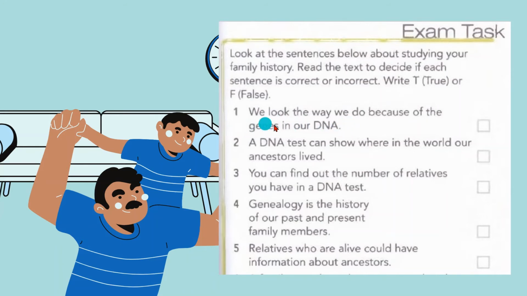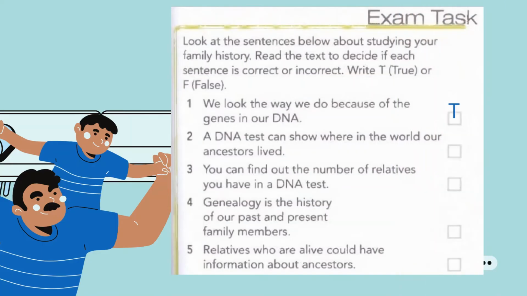Number 1. We look the way we do because of the genes in our DNA. Do you think this is true or false? Yes, it's true. Next, number 2. A DNA test can show where in the world our ancestors lived.